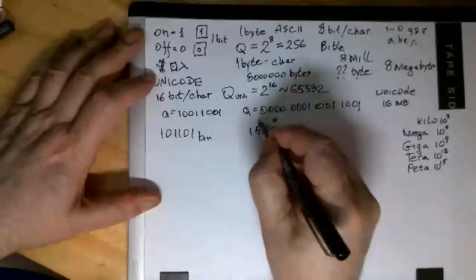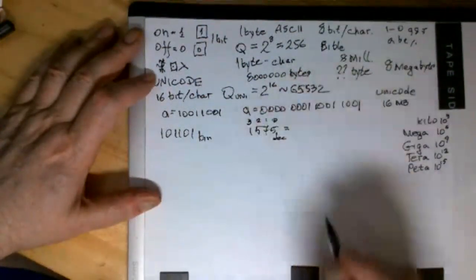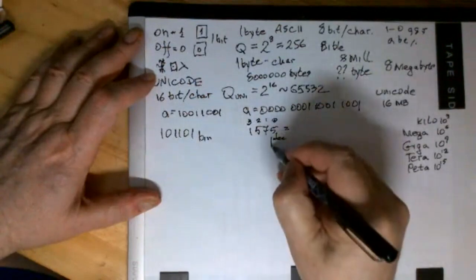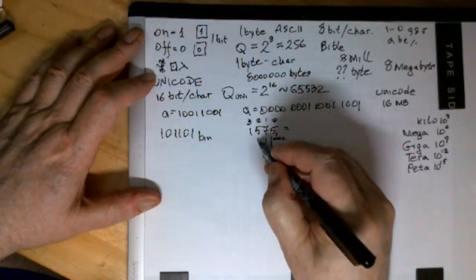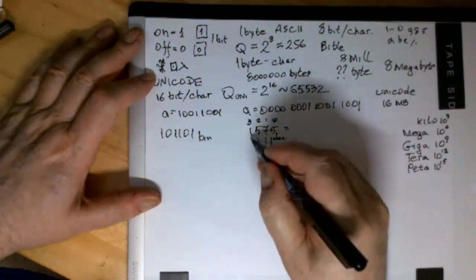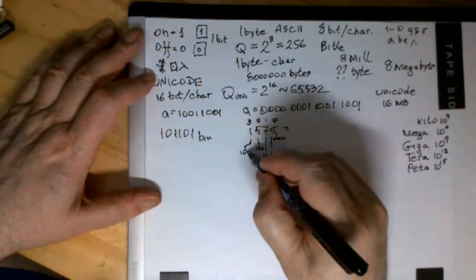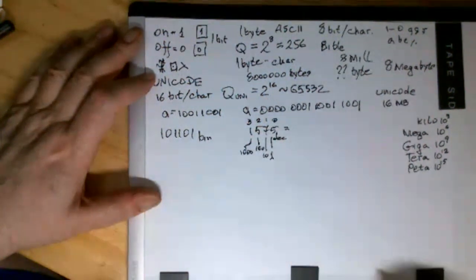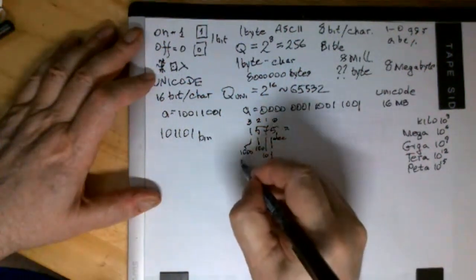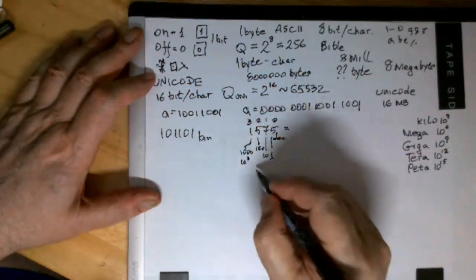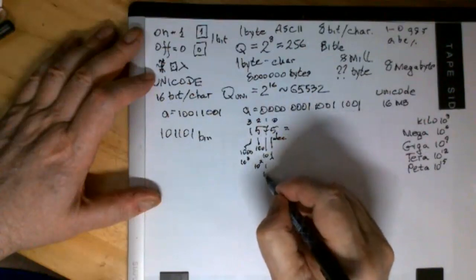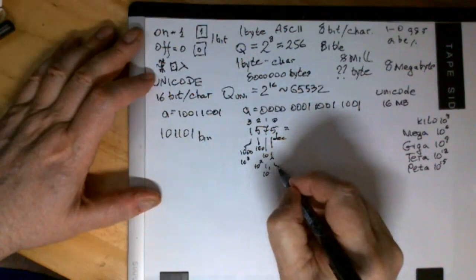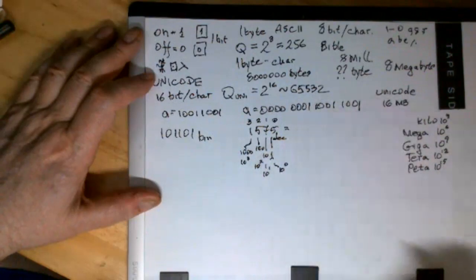So that will be the number of positions. Position 0, position 1, position 2, position 3. And these positions are associated, this with the singles, this with the tens, this one with hundreds, and this with thousands. 1000 is 10 in the power of 3, 100 is 10 in the power of 2, 10 is 10 in the power of 1, and 1 is 10 in the power of 0.